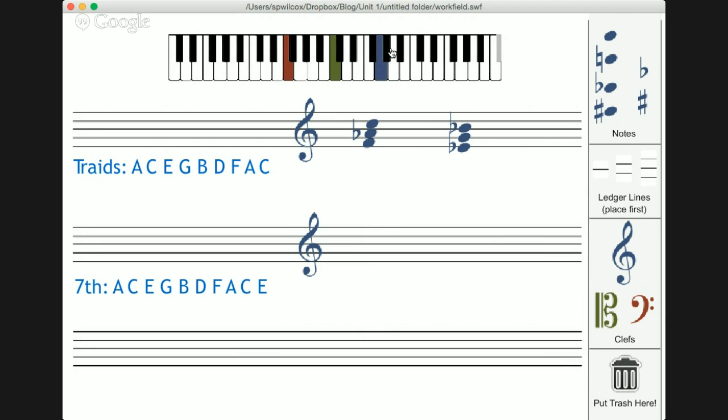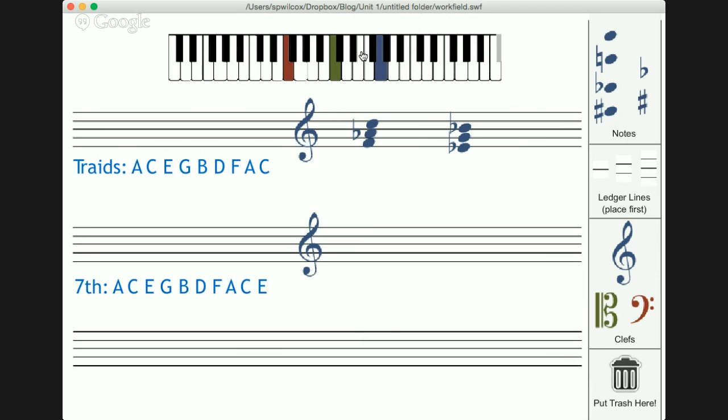And if you remember, a major triad had a major third on the bottom and a minor third on top. Our minor triad has a minor third on the bottom and a major third on top. So let's see what we have between A flat and C. Well, we have 1, 2, 3, 4, which is a major third. Remember, 4 semitones. So how about our E flat triad?